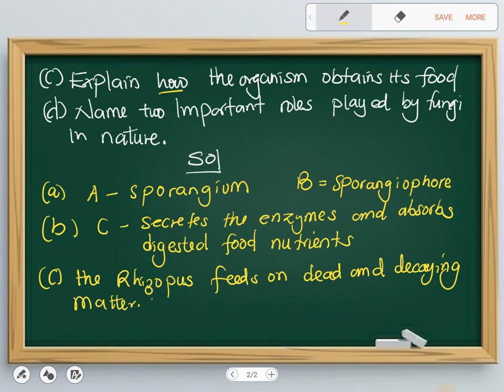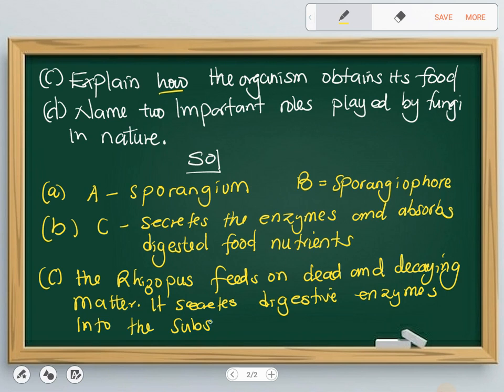All right, it does this. It secretes digestive enzymes into the substrate. The substrate is what it is feeding on, so it will secrete the enzyme onto that dead and decaying matter.